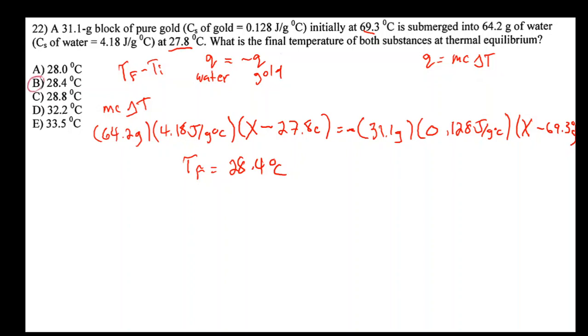Water has a heat capacity of 4.2 joules, whereas gold has like 0.128. So the gold doesn't hold that much heat, so it makes sense that the final temperature would be a lot closer to the cold object, which can absorb a lot of heat, compared to the hot object, which can't give off that much heat. This 28.4 is a lot closer to water's initial temperature compared to gold's initial temperature, so that mentally makes sense as the answer.